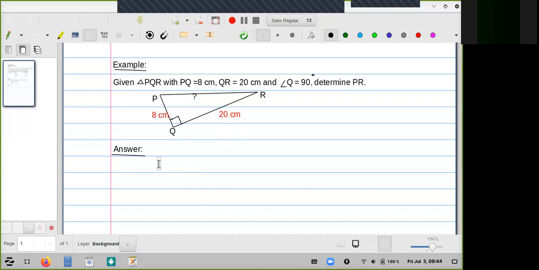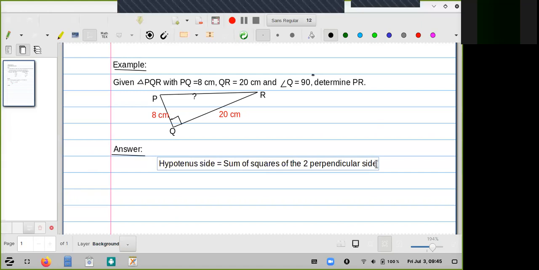The hypotenuse side is equals to the sum of squares of the two perpendicular sides.